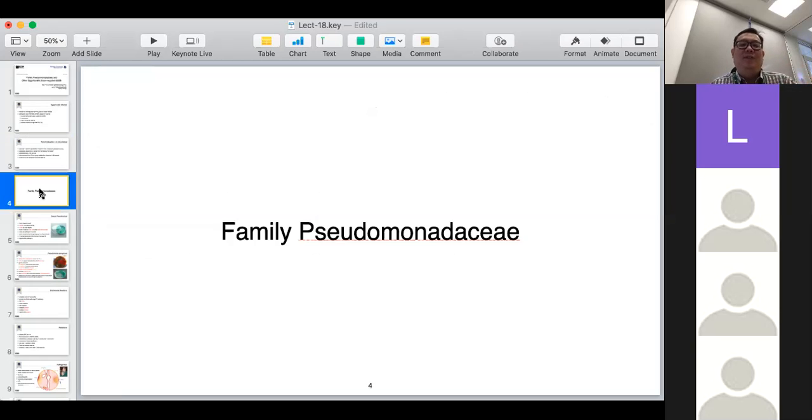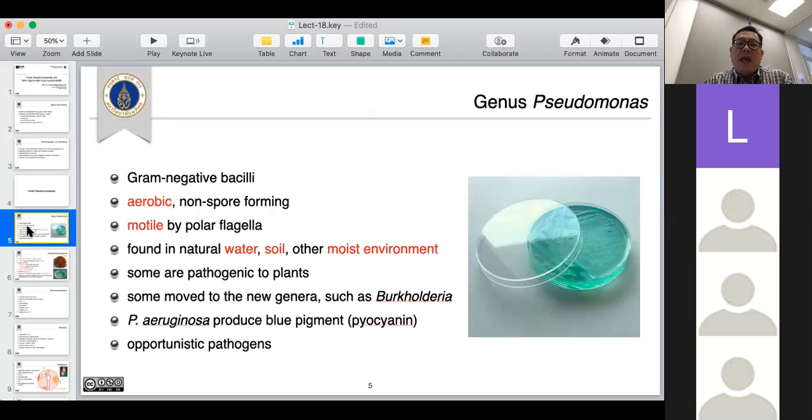So let's start from the first family, Pseudomonadaceae. The Pseudomonas are generally aerobic, non-spore forming, and can move by polar flagella.